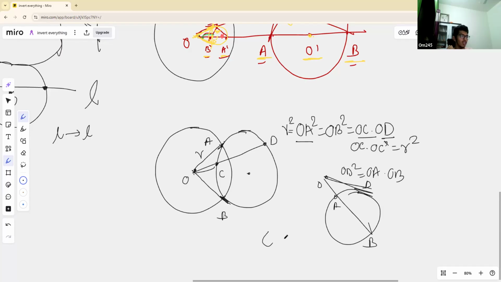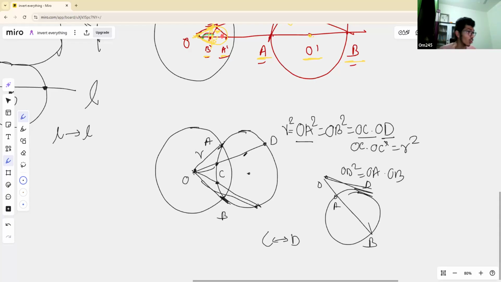So C will map to D, and there's nothing special about C. You consider any point other than A and B on the circle, it will map to this intersection. Again, the major arc will map to the minor arc and the minor arc will map to the major arc.